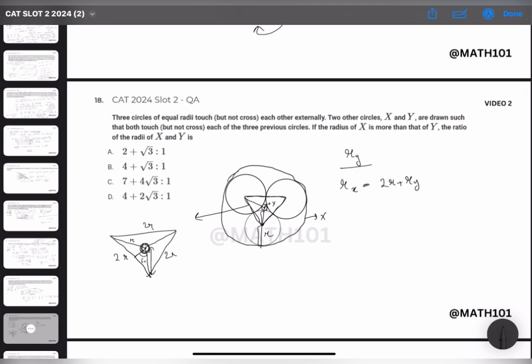This is 60 degrees. So we have the circumradius, which is r plus ry times cos 60 degrees, times sin 60 degrees, so root 3 by 2 is equal to half of this side, which is r.